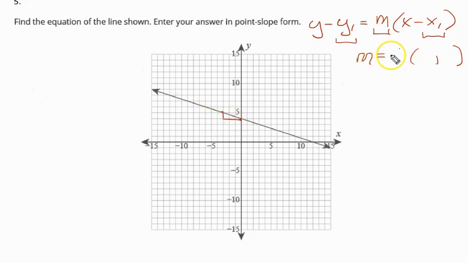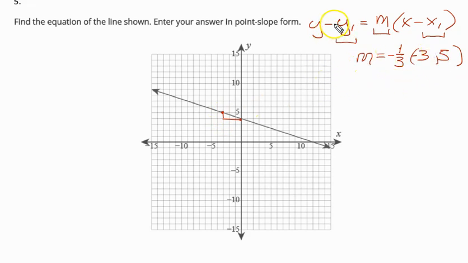So your slope is a negative 1/3. Now, what point might you choose? Well, this one here is a good one, but again, you might have chosen others. So this would be a negative 3, going over 3, and then up 1 brings us to a 5.